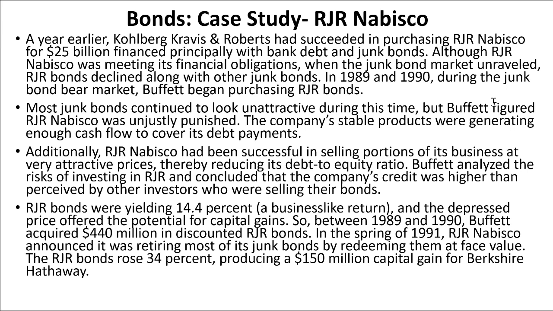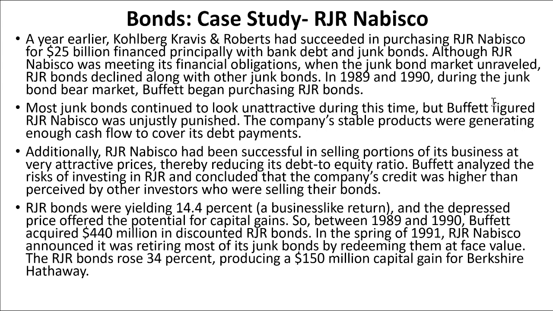Additionally, RJR Nabisco had been successful in selling portions of its business at very attractive prices, thereby reducing its debt to equity ratio. Buffett analyzed the risks of investing in RJR and concluded that the company's credit was higher than perceived by other investors who were selling their bonds.